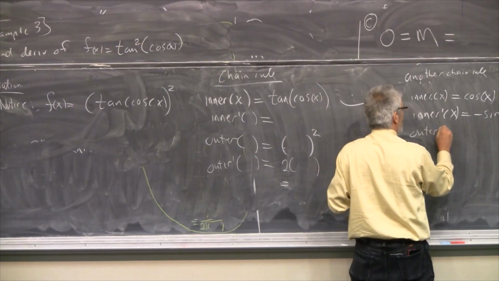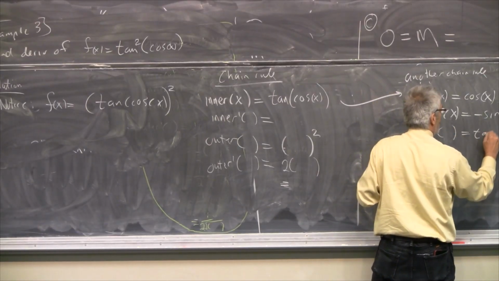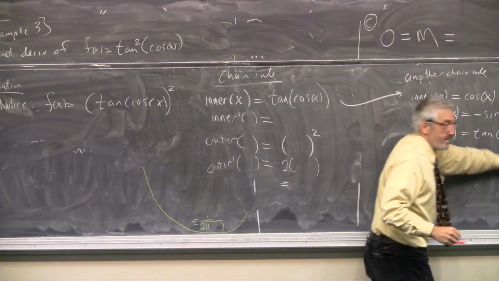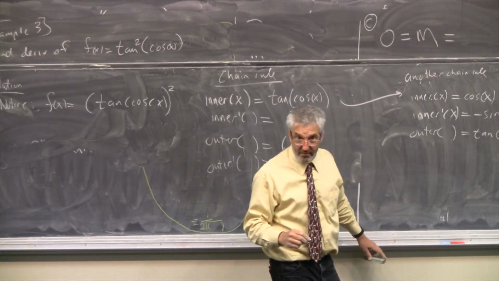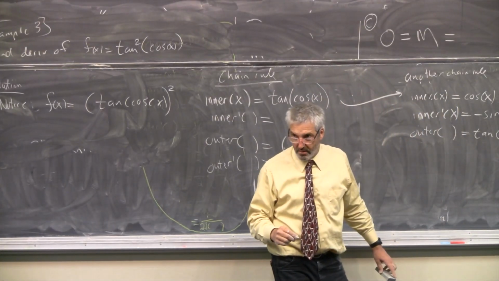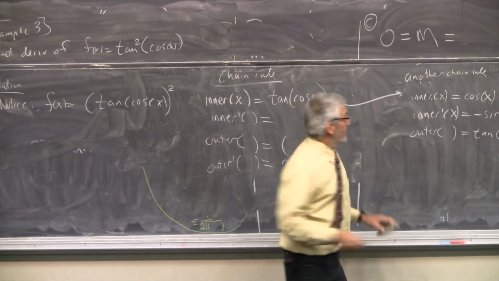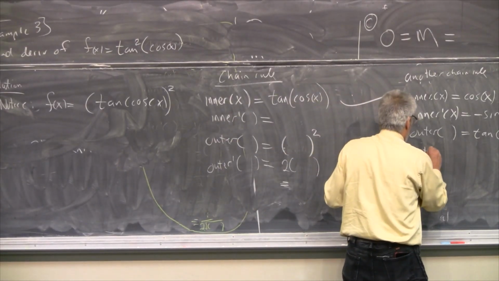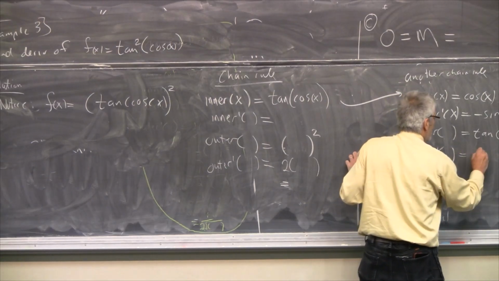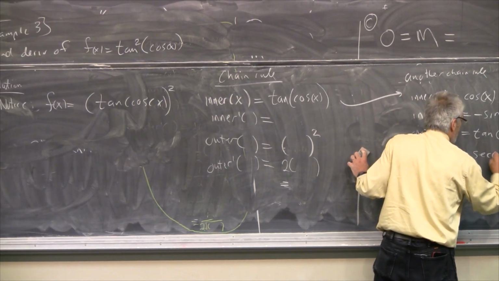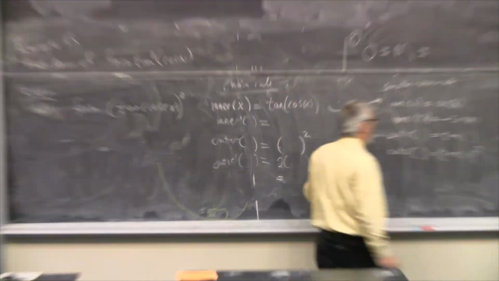What's my outer function? Well, my outer function is tangent of the parentheses. Now, anybody remember what the derivative of tangent is? Good. So outer prime is secant of parentheses, that whole thing squared.